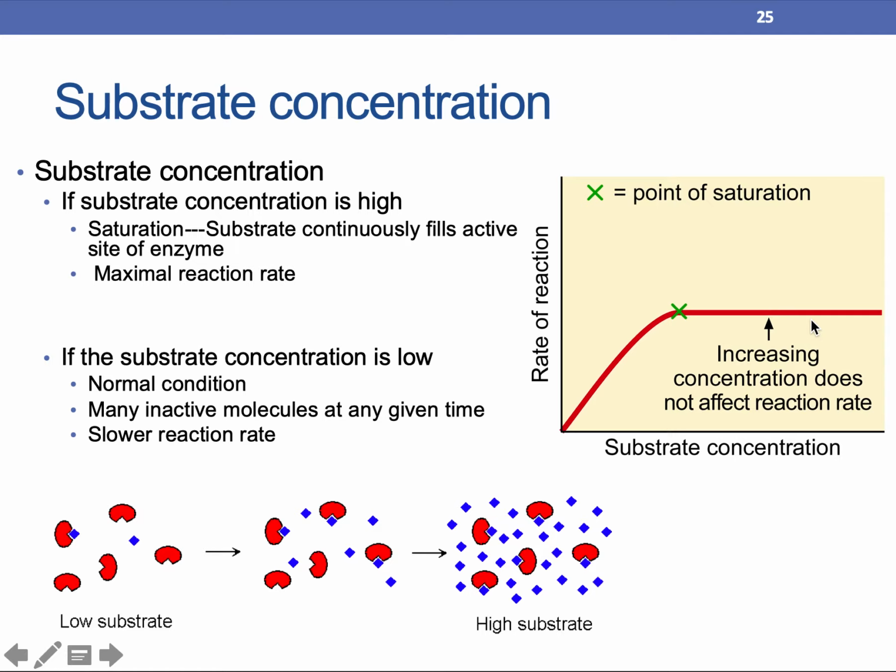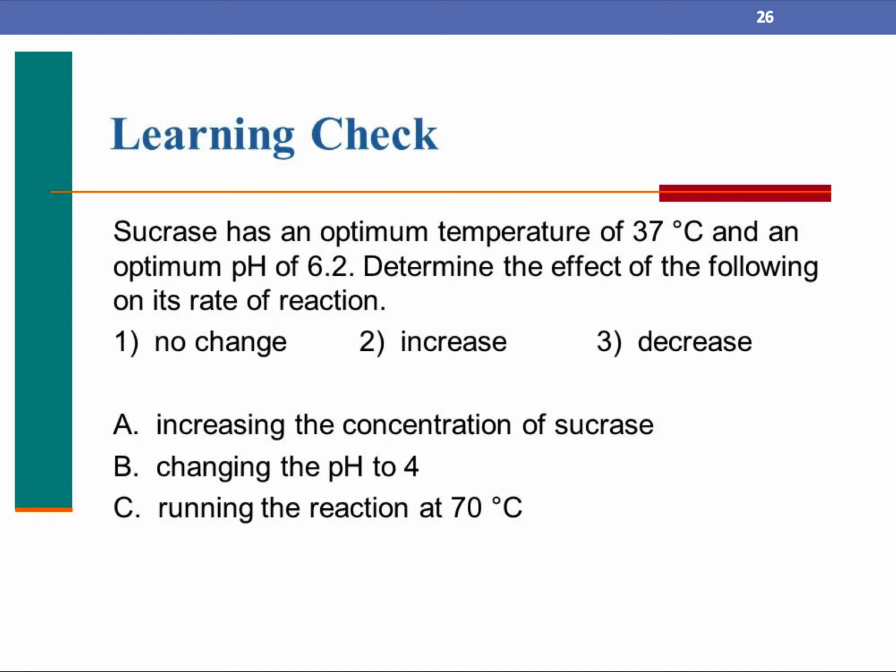The only way you can speed up is to increase the concentration of the enzyme. So for a specific concentration of enzyme, there is a point beyond which even if you should add more substrate to that system, the rate of reaction will not be sped up. And that is the point of saturation.